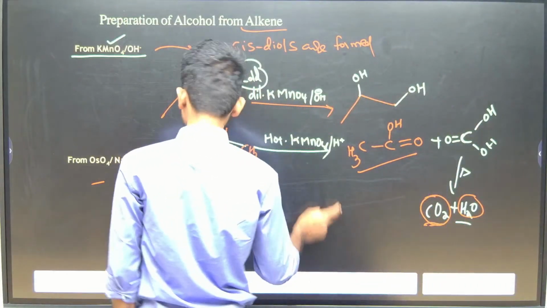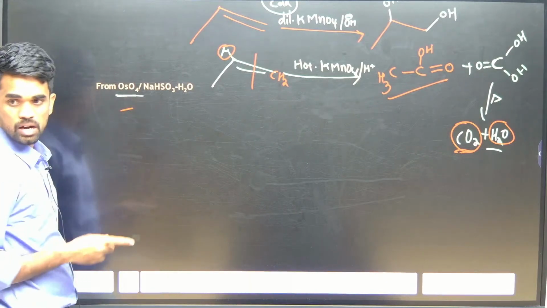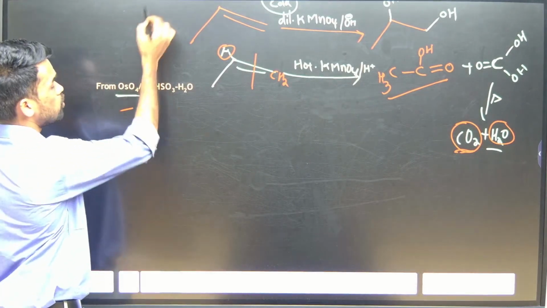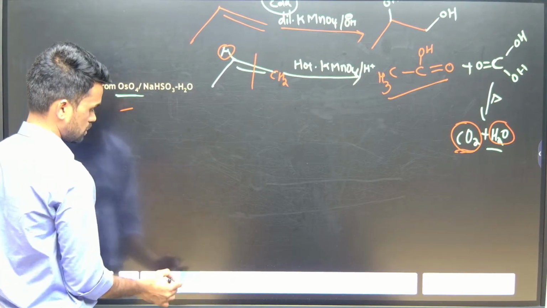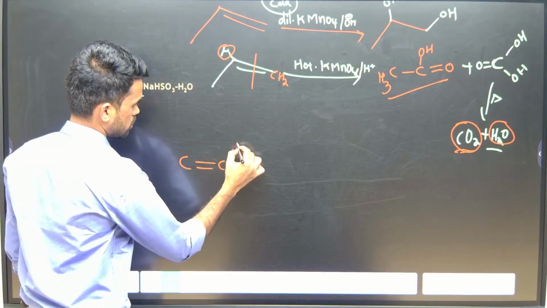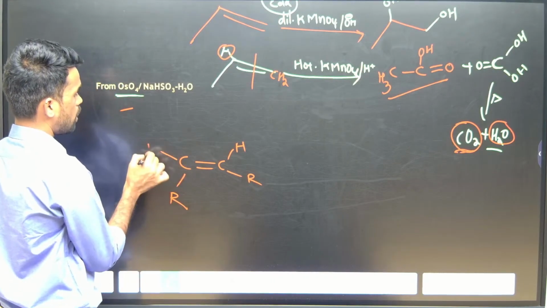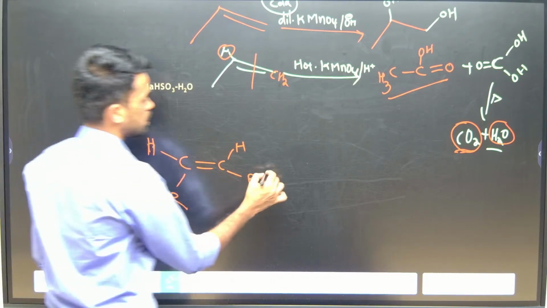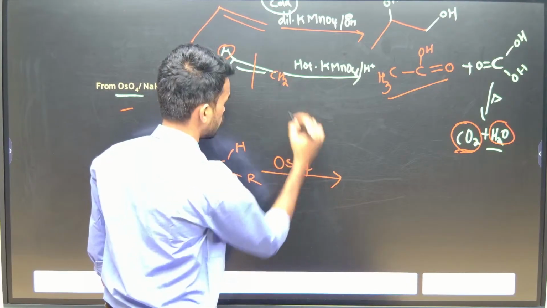Okay, and the next one here is osmium tetroxide. See, whatever you have studied in the above case, alkenes upon treating with osmium tetroxide, the product formed is similar to that of the above case.